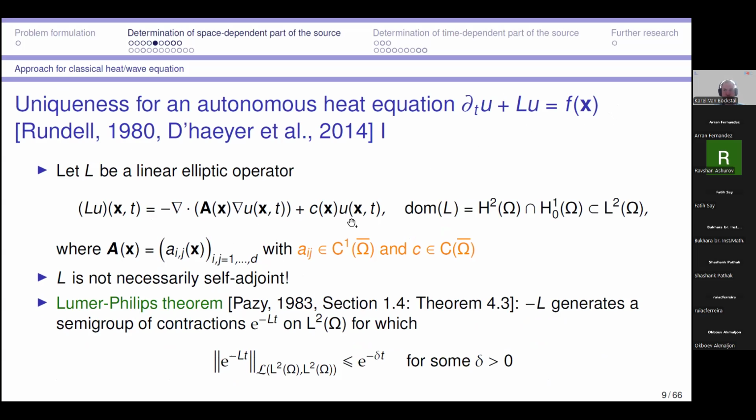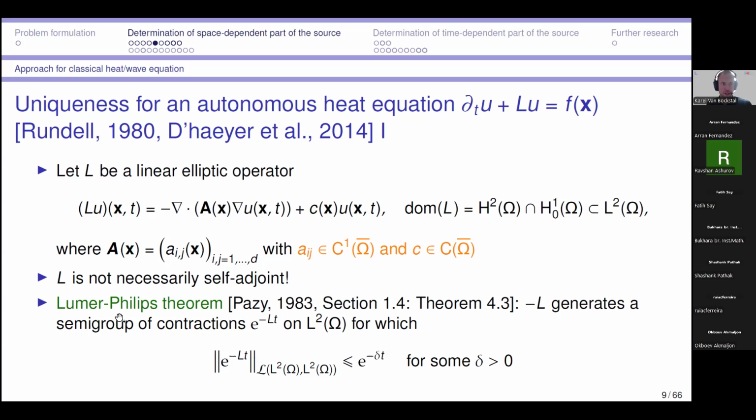So this is now the operator L. The domain of L is H2 intersected with H10, and the coefficients a_ij belong to C1 on the closure of Ω, and c is continuous on the closure of Ω. So in this paper he proves the uniqueness of the solution to this problem on the basis of the final-in-time measurement, and the operator L doesn't need to be self-adjoint.